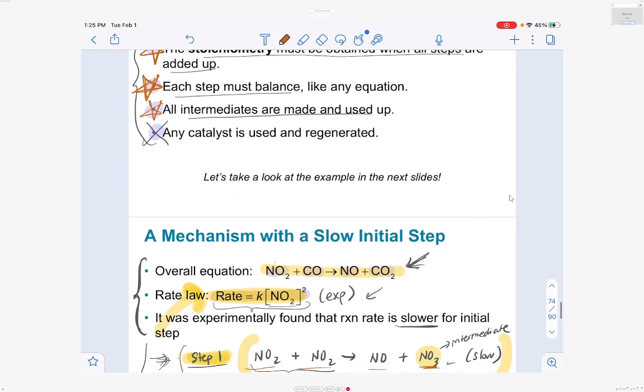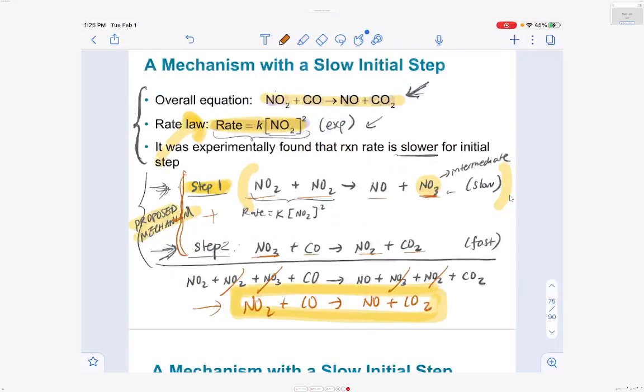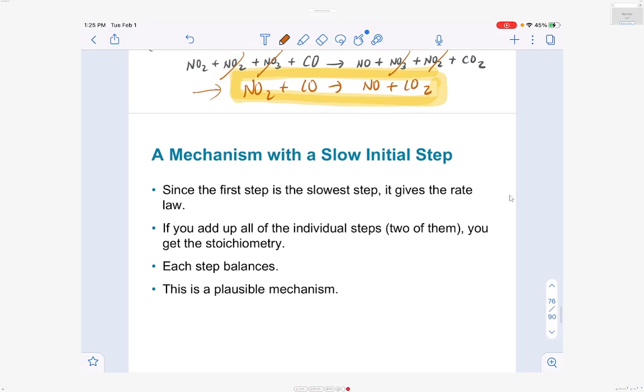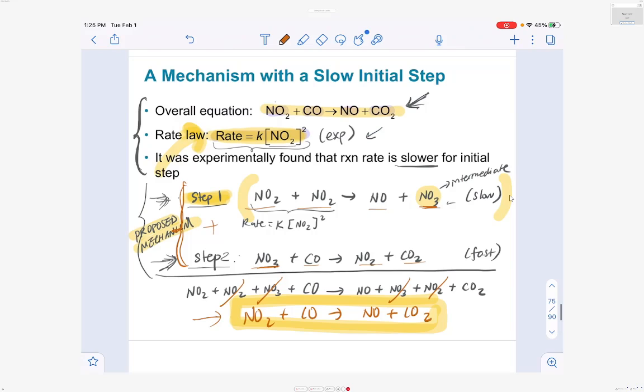Because the mechanism that I proposed meets all the criteria for a plausible mechanism, we can say that these two mechanisms make sense, and these are plausible mechanisms that agree with the experimentally provided information.